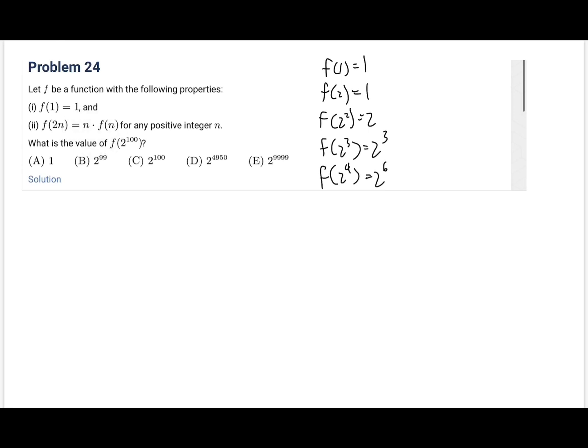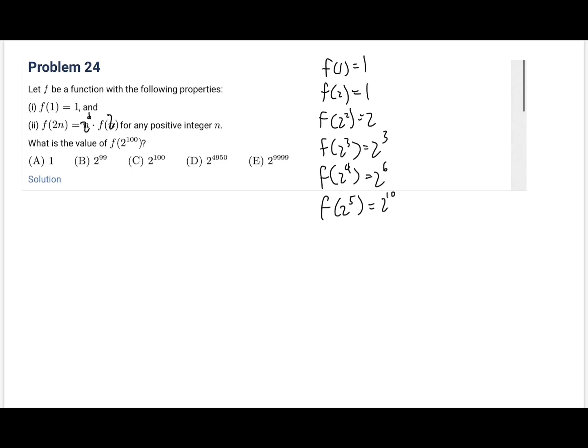And f of 2 to the fifth power would be 2 to the fourth power times 2 to the sixth power, right? So this is 2 to the 10th power.